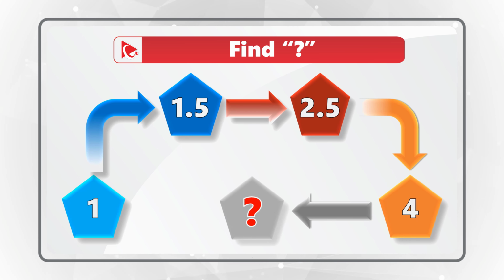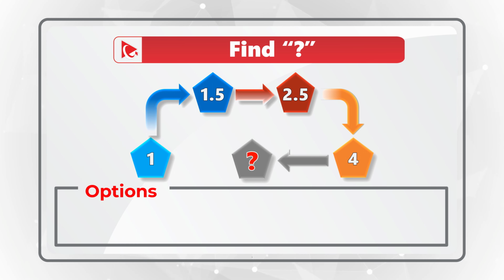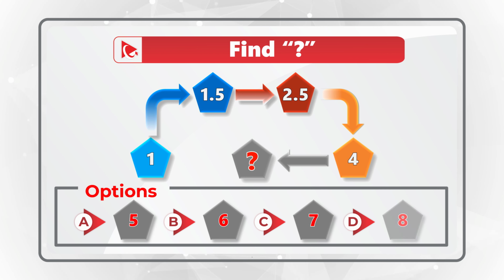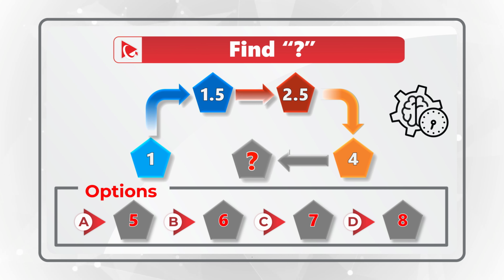You have 4 different choices for the missing number. Choice A, 5, choice B, 6, choice C, 7, and choice D, 8. Do you think the different colors of the shape play a role in the sequence here? Are you ready? Please make sure to post your answer in the comment section of this video so I can give you my feedback. Thanks for participating and good luck!